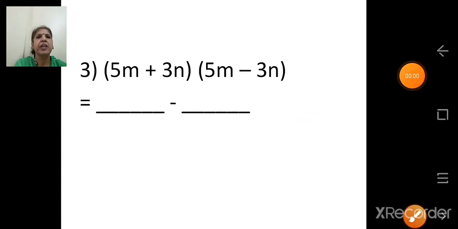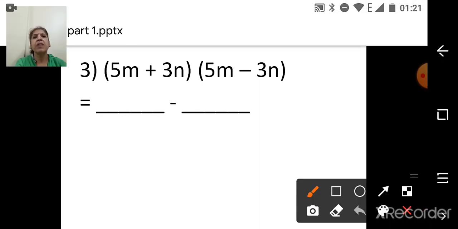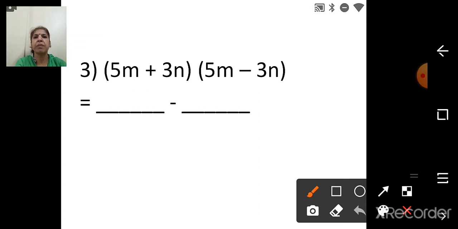The next one, (5m plus 3n) the whole bracket multiplied by (5m minus 3n). It is based on the formula (a plus b) multiplied by (a minus b), and the answer is a square minus b square. Here square of first term is 5m, so it is (5m) the whole square.